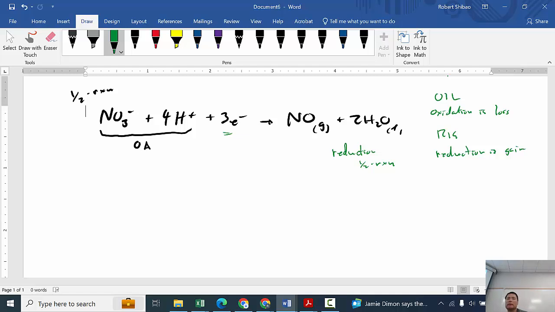So what we have here is nitrate and H plus. You know, this is our 1 cup of sugar, 4 cups of flour type recipe. And this is an oxidizer. And what do oxidizers do? They oxidize other things. They don't oxidize themselves. So this is not an oxidation half reaction, because an oxidizer does not oxidize itself.